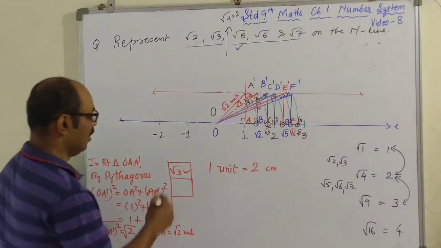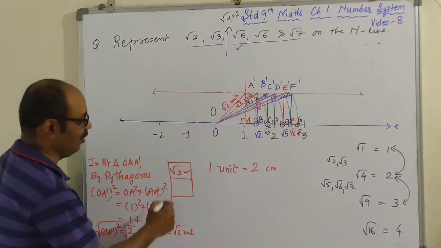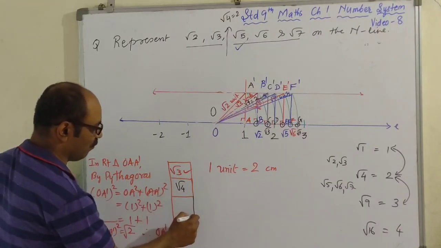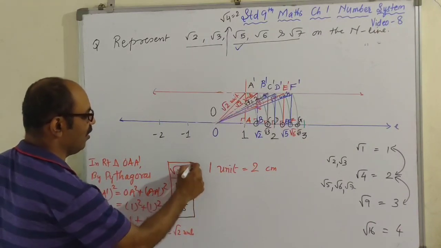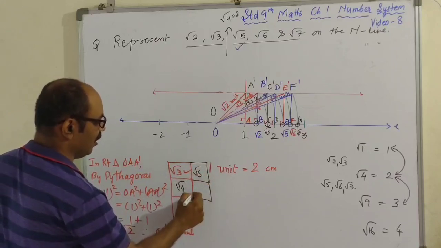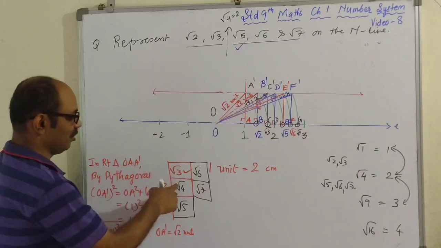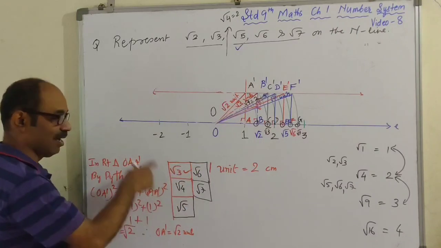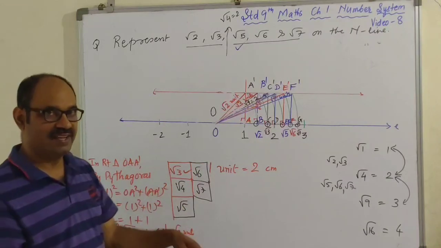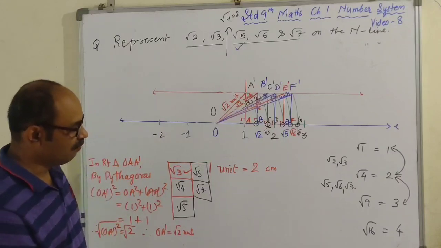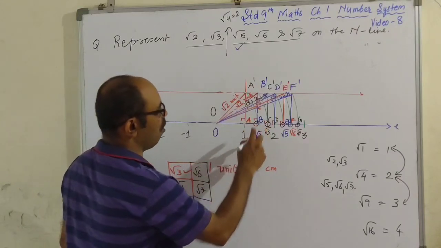Alright. Here you will be writing about root 3. Here you will be writing about root 4, root 5, then root 6, and finally root 7. Okay. So 1, 2, 3, 4, 5, 6. You have to write like this below the figure.